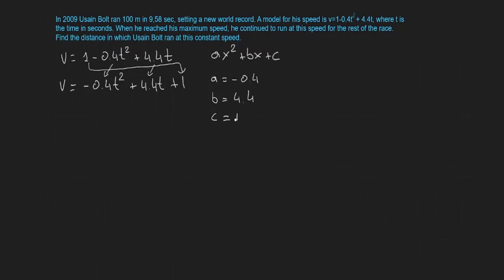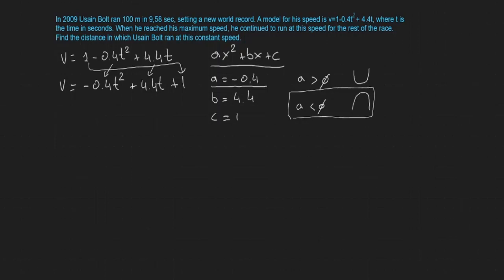From the quadratic equations, we know that the shape of the parabola is determined by the value of a, meaning when a is greater than 0, the parabola looks like this. When a is less than 0, the parabola looks like this. Now, in our case, a is negative 0.4. So we know that the shape of our parabola is like this.